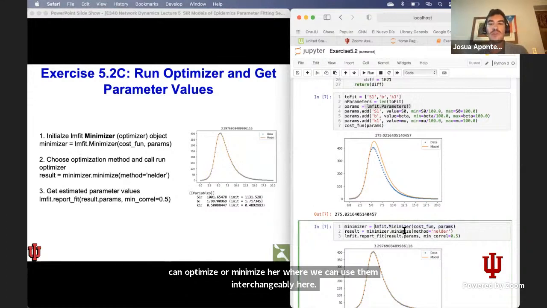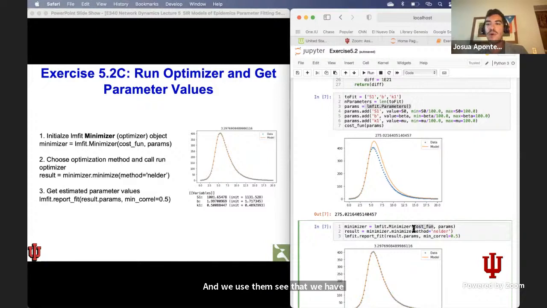See that we have to specify both what the cost function is going to be, the cost function that we defined already, and the parameter object that we created, because that contains the information of the initial guesses, the ranges, and the names of the parameters that I want to fit. And then I have to choose a method to call the optimizer. I can call it by calling the minimize method.